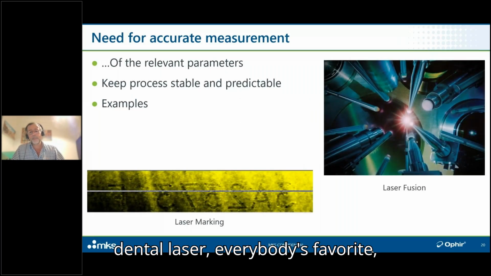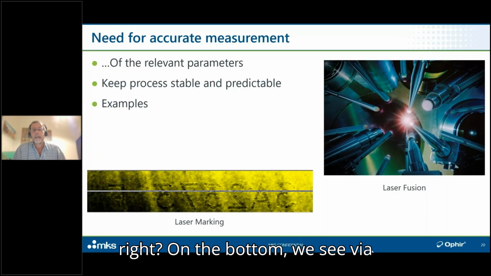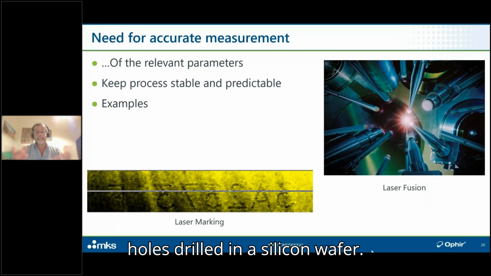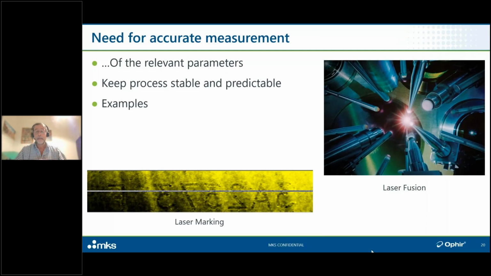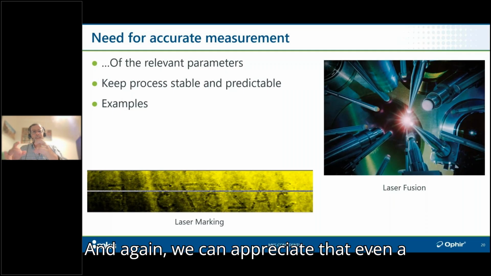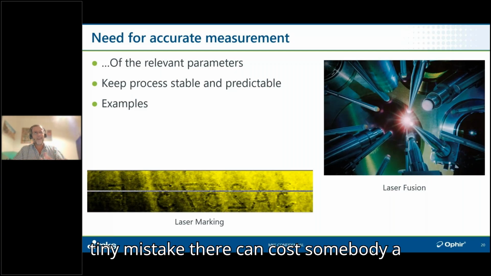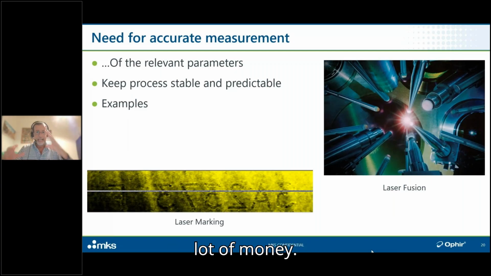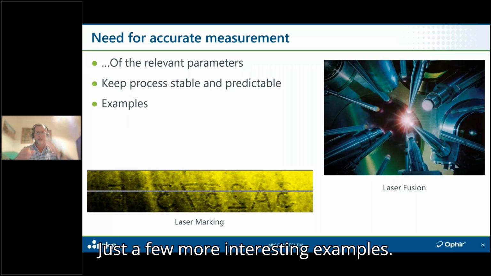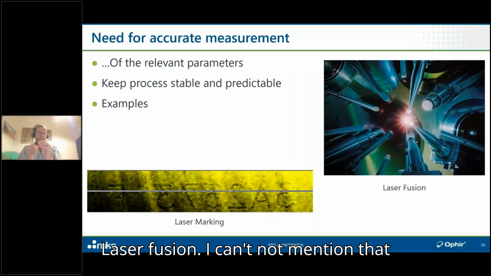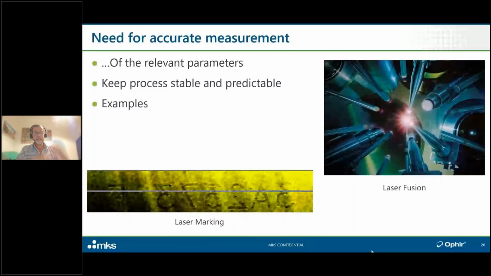Laser fusion, I can't not mention that, without getting into the physics as much as I would love to. But in order to fuse hydrogen atoms into helium and get all that gargantuan amount of energy out, I have to overcome the electrostatic repulsion among the hydrogen nuclei, protons, plus, plus, they repel each other.